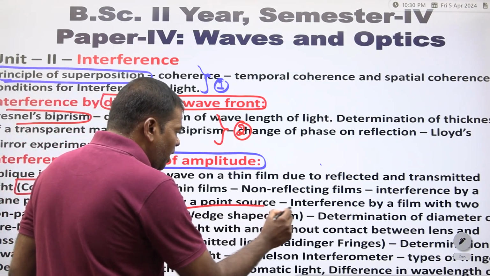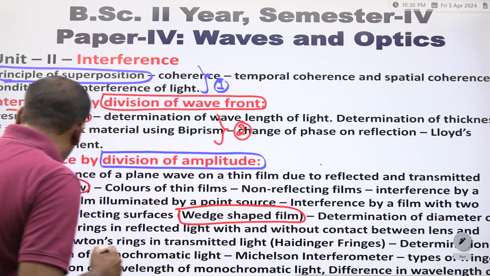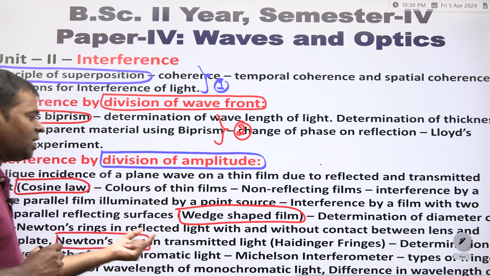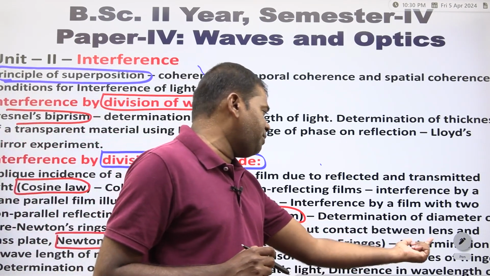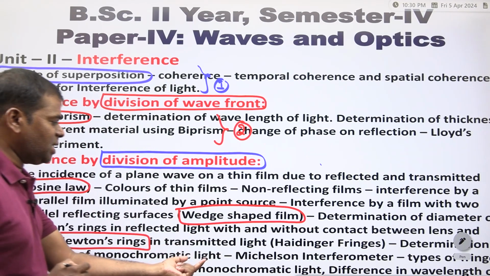This is very important: wedge-shaped film. Determination of the diameter of a thin wire. Newton's rings: this one is very important. Transmitted light, Haidinger fringes. Determination of the wavelength of monochromatic light.